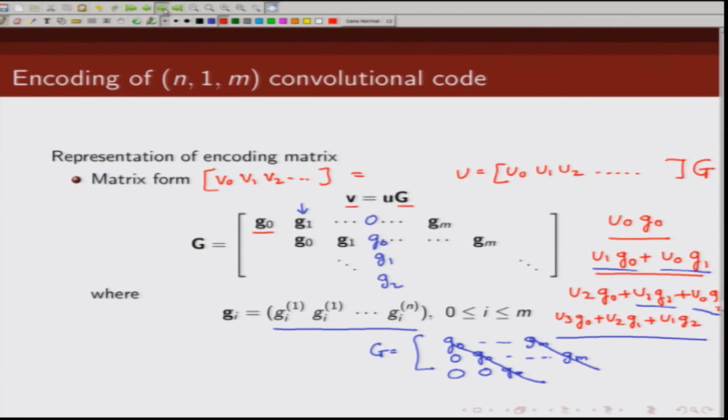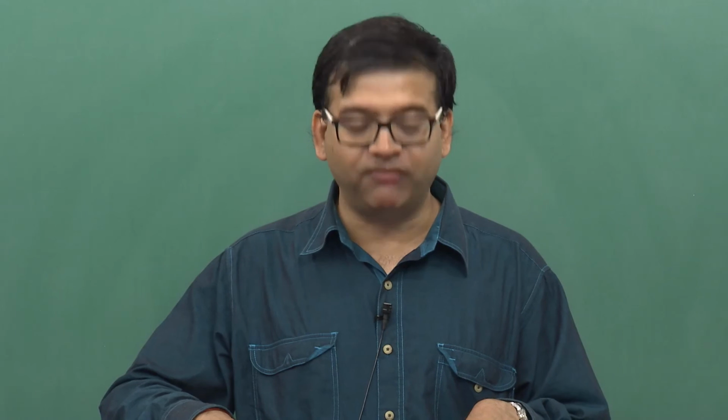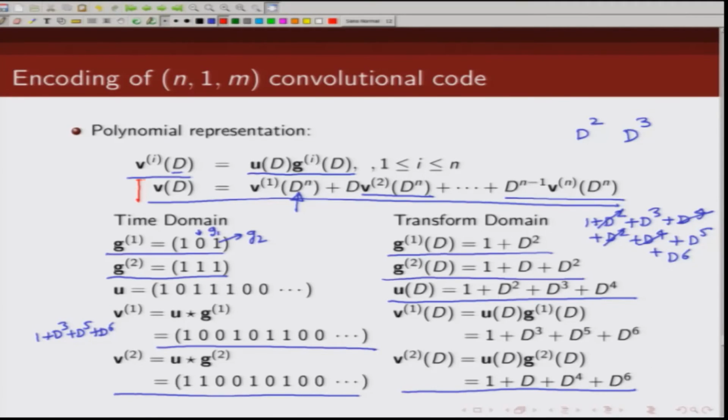So, that is what we are doing here. If you combine this, consider this combined output sequence, there are n coded sequences V1, V2, V3, Vn. Now, the first sequence we just take V1 D to power n, second is V2 D to power n, third is V3 D to power n, and then each one of them is delayed by 1. So, this is no delay, this is delay of 1, delay of 2, and this is delay of n minus 1. So, the overall code sequence will be given by this expression.